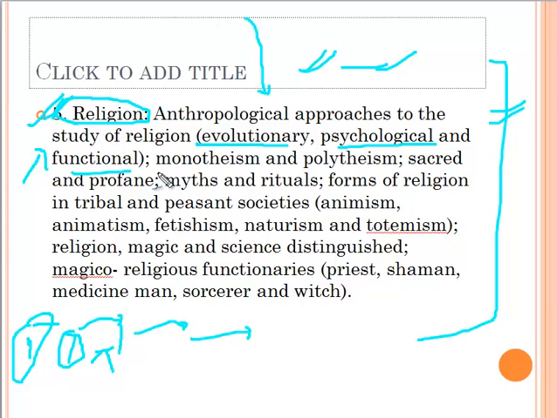Then monotheism and polytheism are different types of religion: monotheists believe in one single god, while polytheism means belief in different gods. Then sacred and profane: sacred means something very respectable and set apart. The concept of sacred and profane was given by Durkheim, and we will also study the characteristics of sacred and profane and how you differentiate between them.